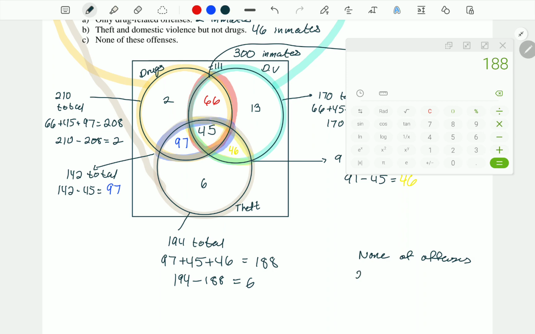So we're adding the 2, the 66, the 13, the 97, the 45, the 46, and the 6.